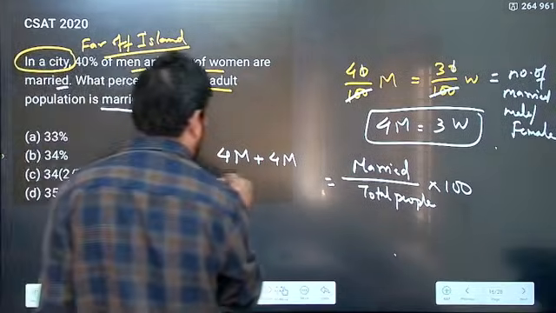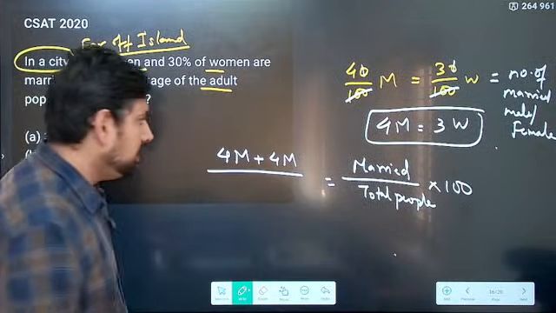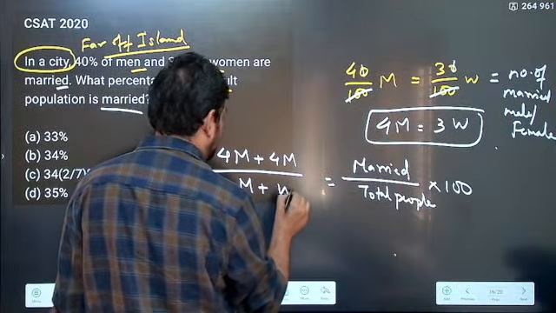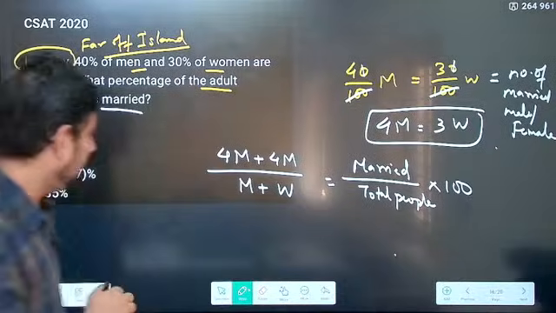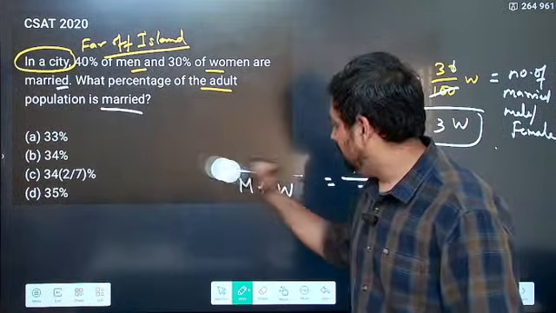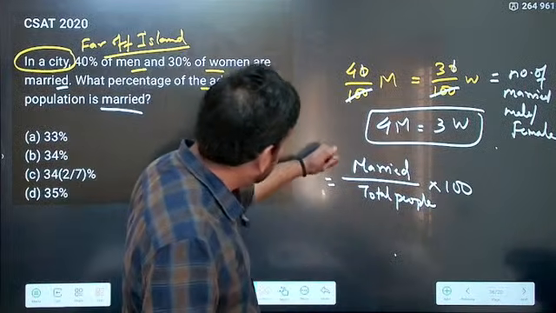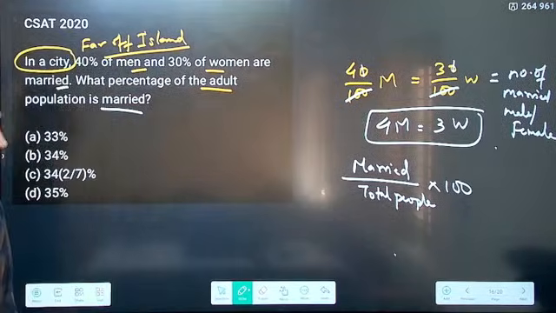Then upon the total number of people. How many people are there in total? There are m plus w. Correct? Now, wait, let me simplify it. So the total number of people who are married out of the total people, this we are trying to find.